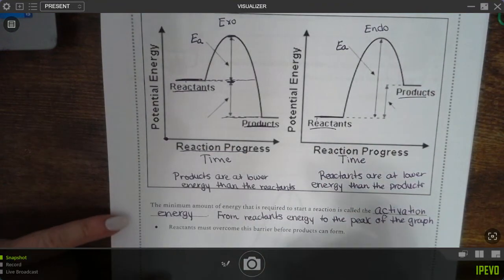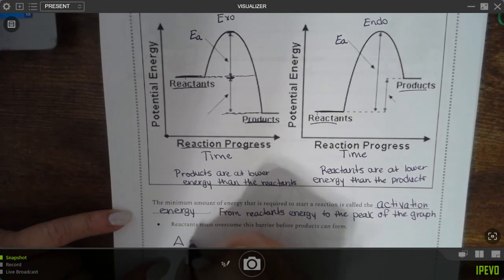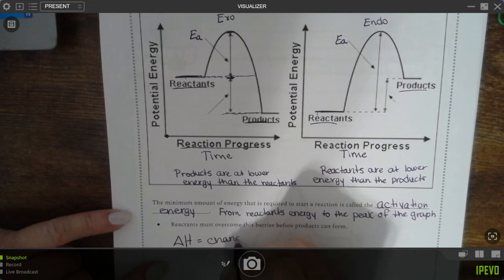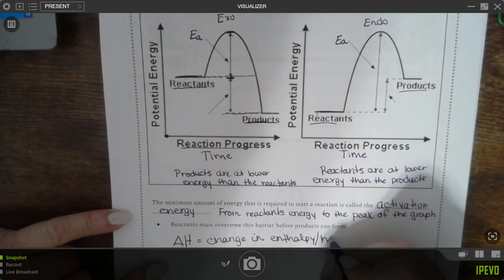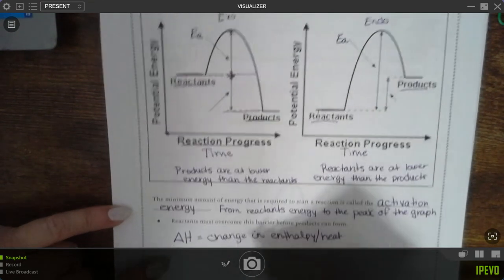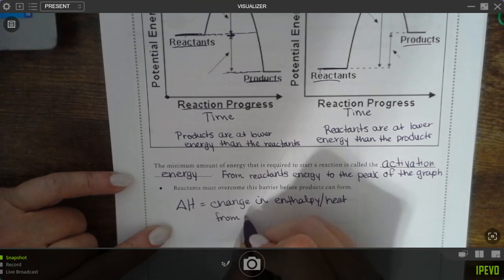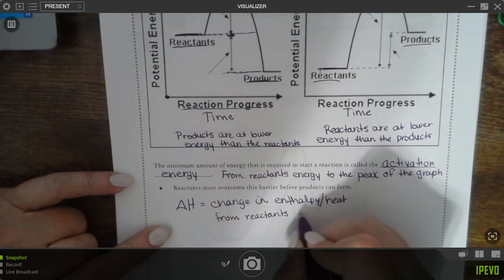And then the other thing that we need to identify on this graph is delta H, which is the change in enthalpy or heat. On the graph, the way that we identify it, it's the distance from the reactants to the products.